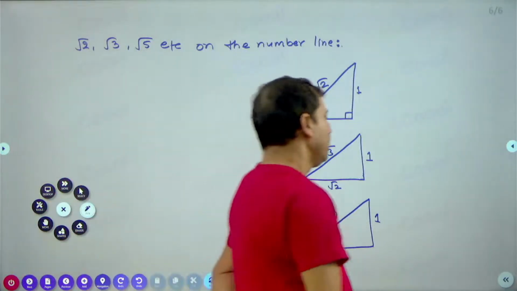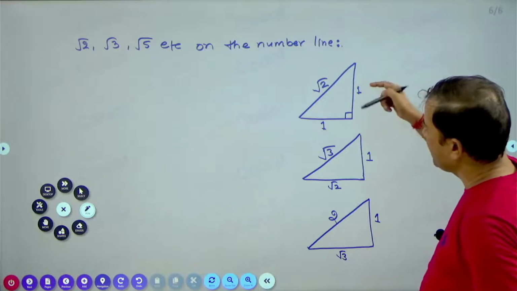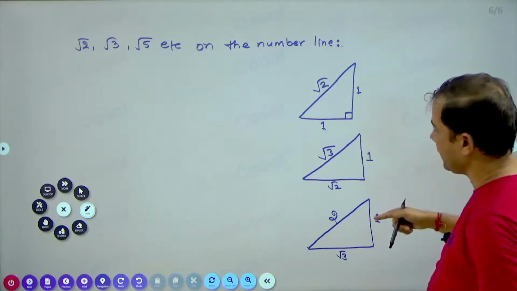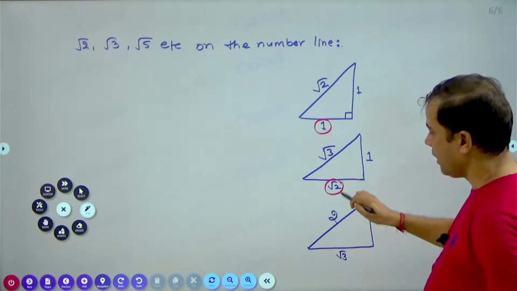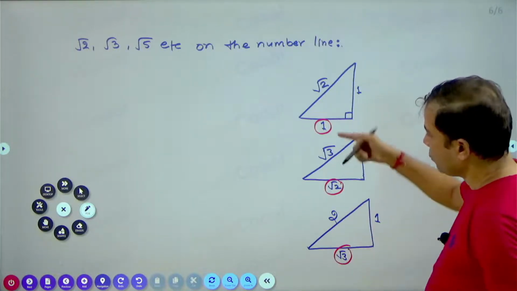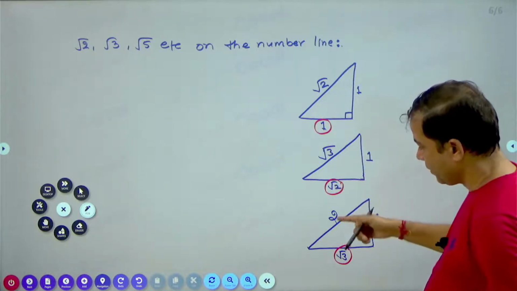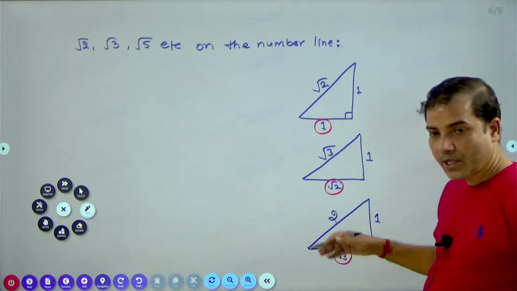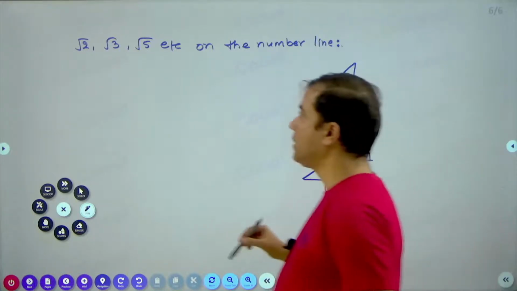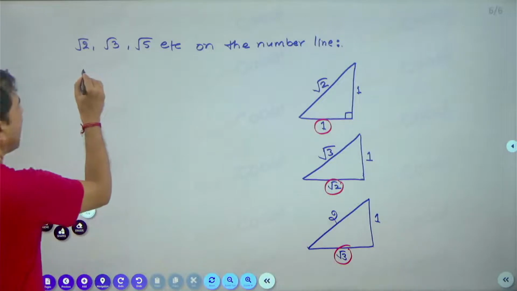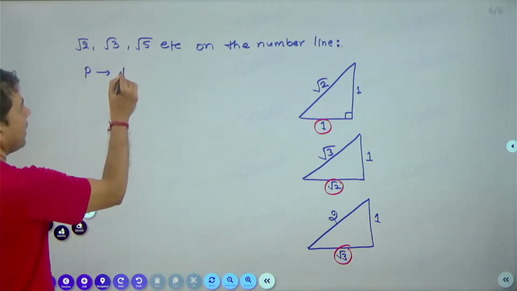Okay. Well, what is the pattern? The pattern is that we are keeping the height always the same, but the base will change. Root 1, root 2, root 3, and so on. We will be keeping height, or you can say perpendicular, always the same, 1 unit.